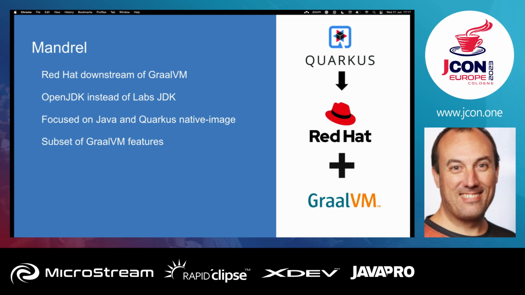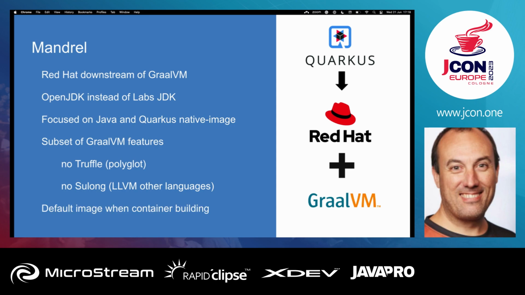Therefore, there are some things that Mandrel doesn't have because they don't need those features. No Truffle, so no polyglot, because it's only focused on Java. And also no Sulong, a library that has the capability to create native artifacts for different languages. As it is only interested in Java, these things are not needed.